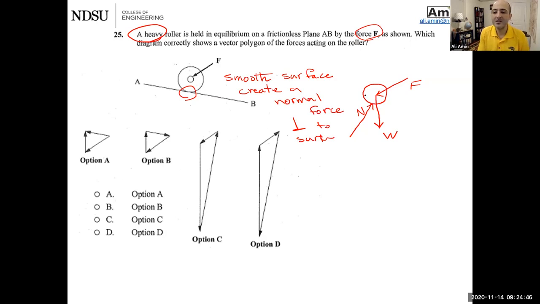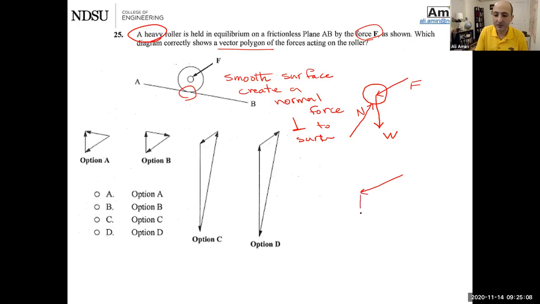Okay, this is kind of similar to one of these options, but not exactly, because the problem is asking us which diagram shows correctly a vector polygon. So the way it works is you've got to move the vectors around a little bit without messing up their direction or their magnitude.